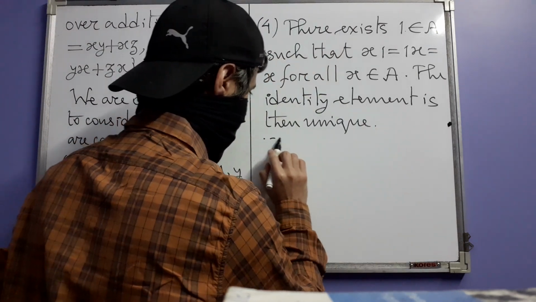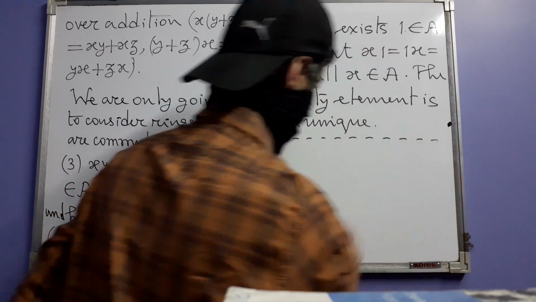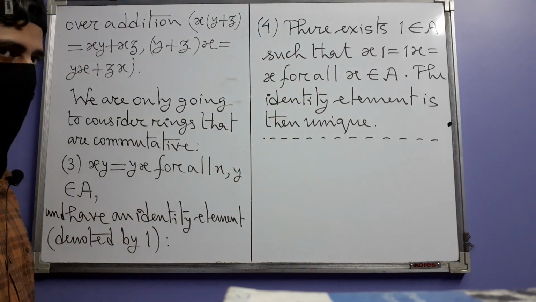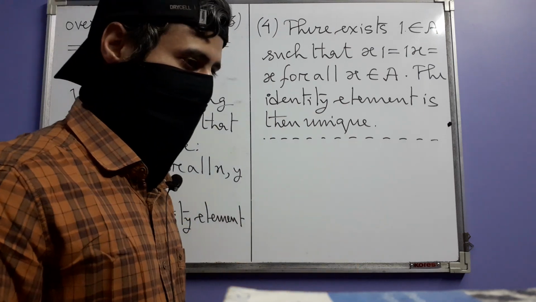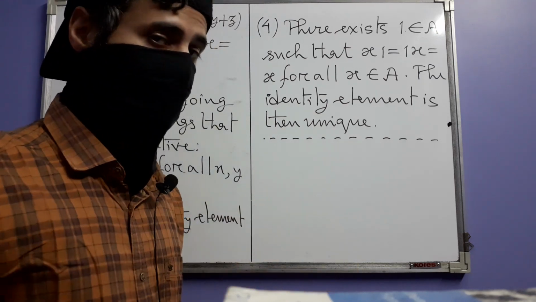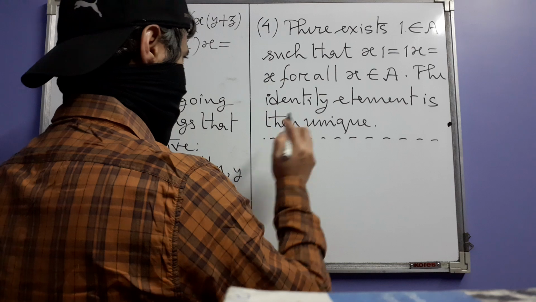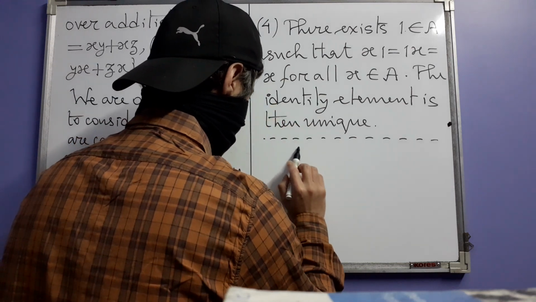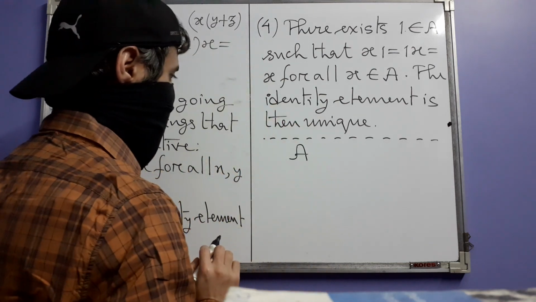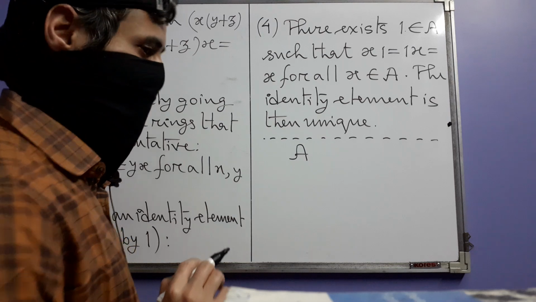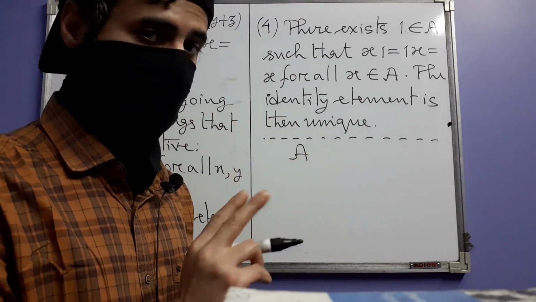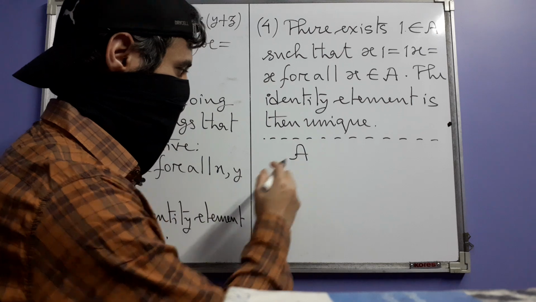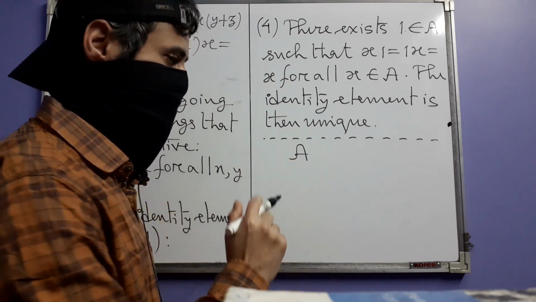And for that, I will just draw this dashed line. Whatever happens within two dashed lines, that's only for our own understanding. Say you have a ring A which potentially has two different identity elements, potentially I say because we don't really know.